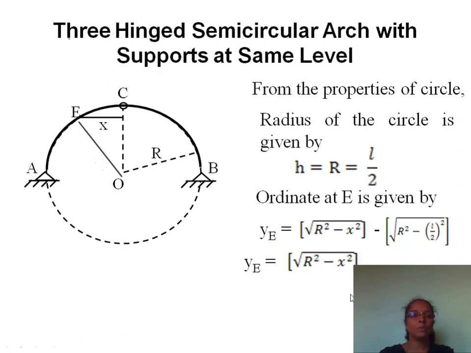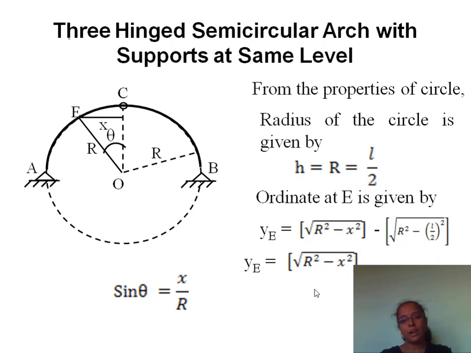And also if this point E is making an angle of theta with respect to this OC center line, then sin theta is given by X by R. So we know that this theta is going to be used in the calculation of normal thrust and radial shear. So sin theta is calculated by using X by R, opposite by hypotenuse.